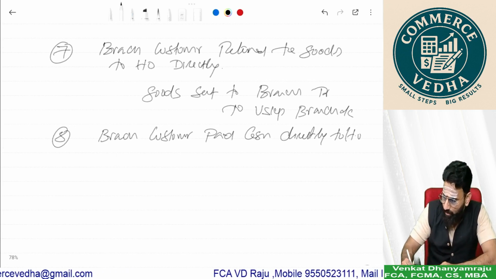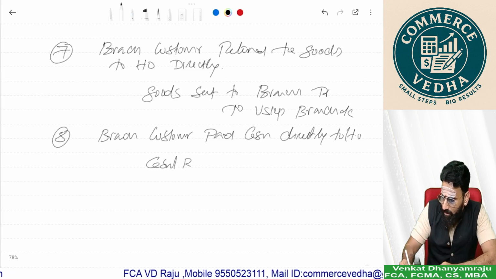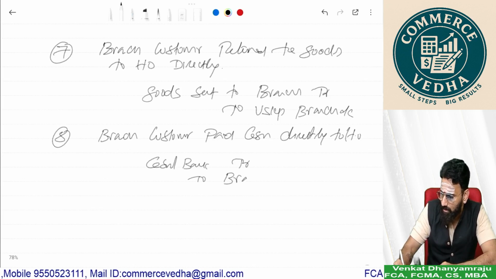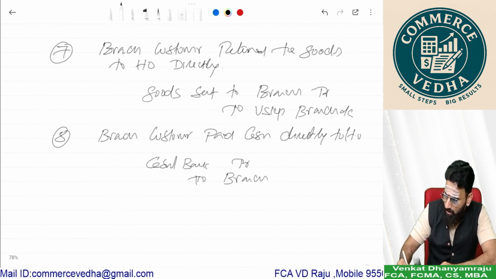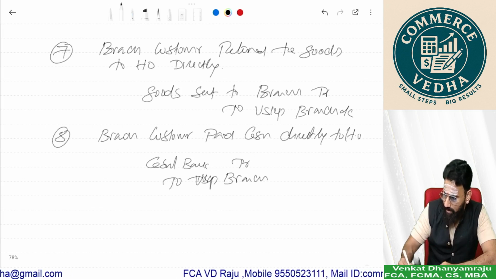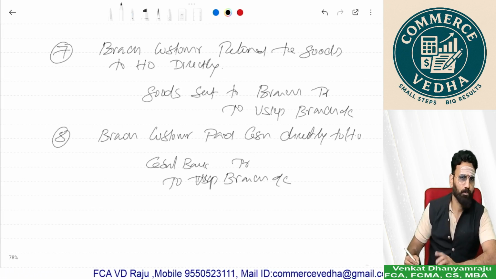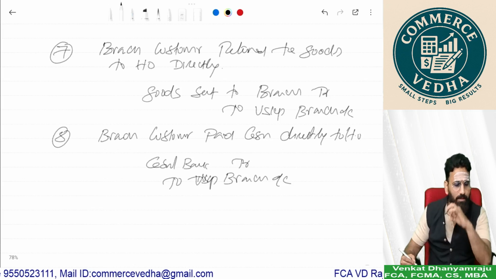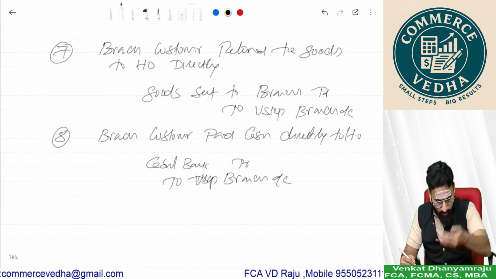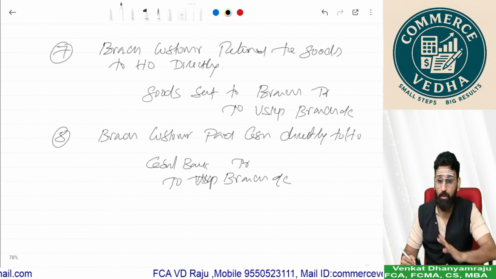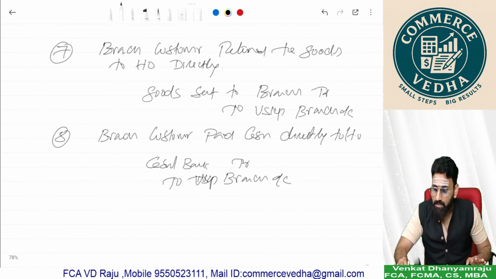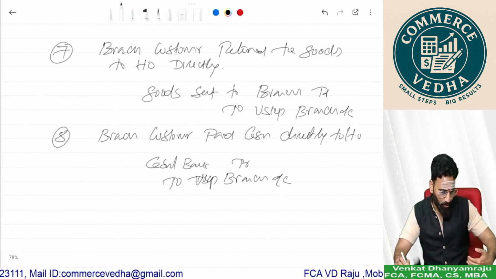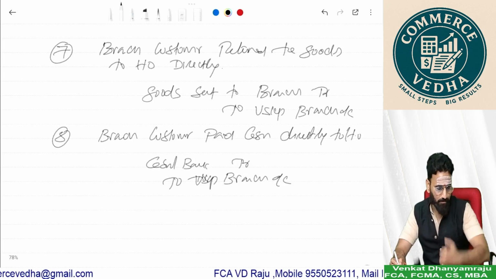So as if you received cash or bank, debit to branch. Which branch? Visakhapatnam branch. So anything where HO is involved, you should see as if it is received from the head office only, branch only, not from the customer. Right? Customer pays you back or branch pays you back, the entry is goods to branch, cash to branch.